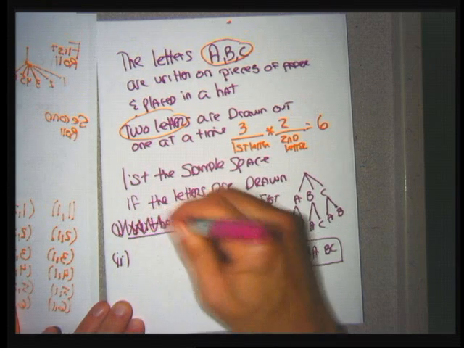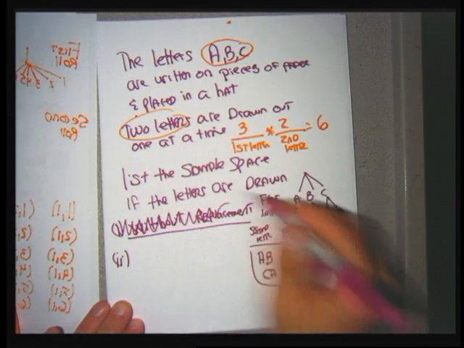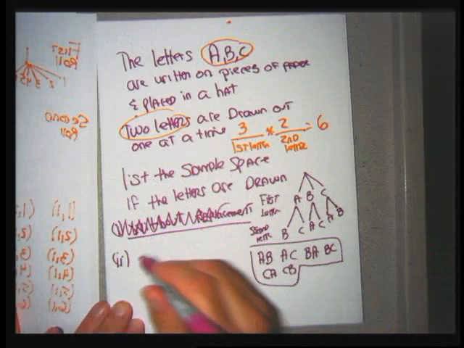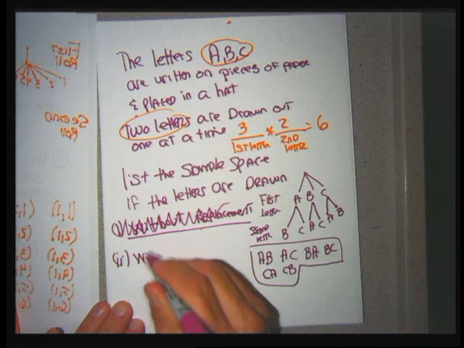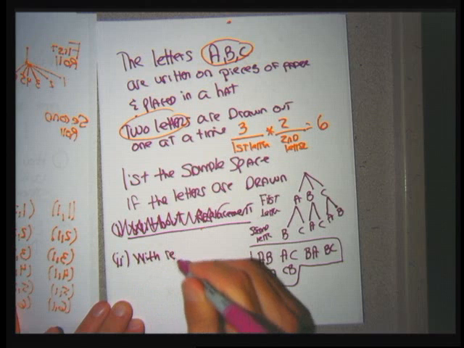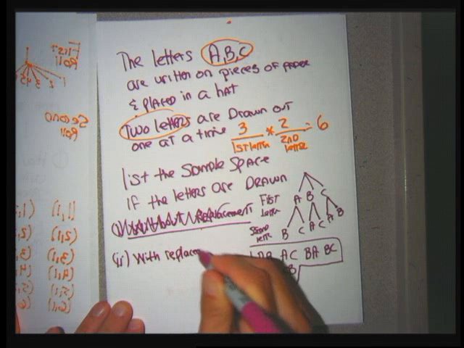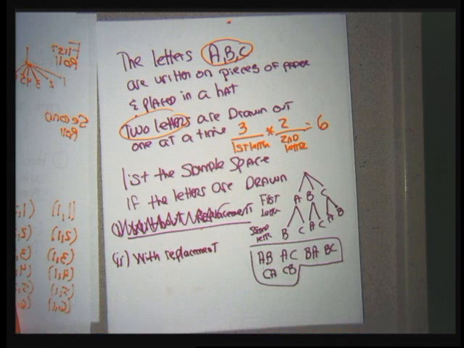If the author would not have used that word without replacement, and if he said, list the sample space if the letters are drawn with replacement, what the author is assuming is I pick a letter, I look at it, I write down what I pick, I put that letter back in the hat, and then I pick a letter again, so I could get the same letter twice.